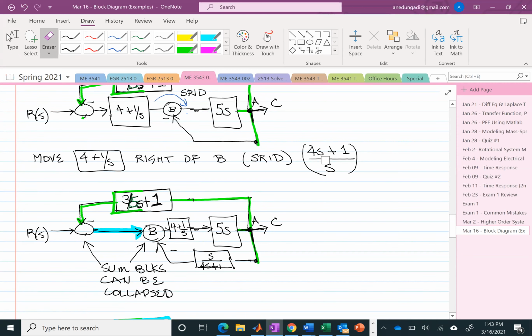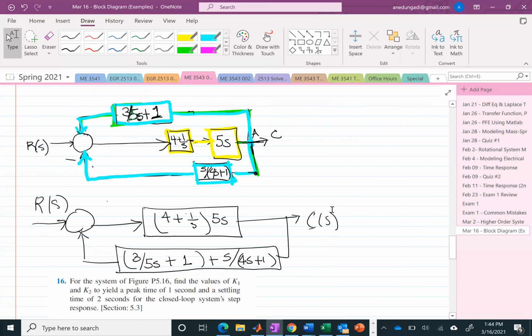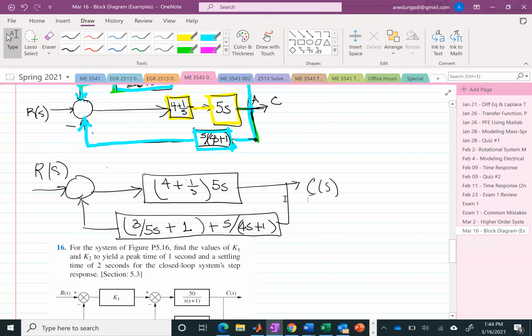And the rule says that whatever enters the summation, I have to divide by what I moved. So 1 divided by this is the reciprocal of this, s over 4s plus 1. Veronica, is that clear to you? Okay, good. So there it is. And then you can do the feedback form, right?